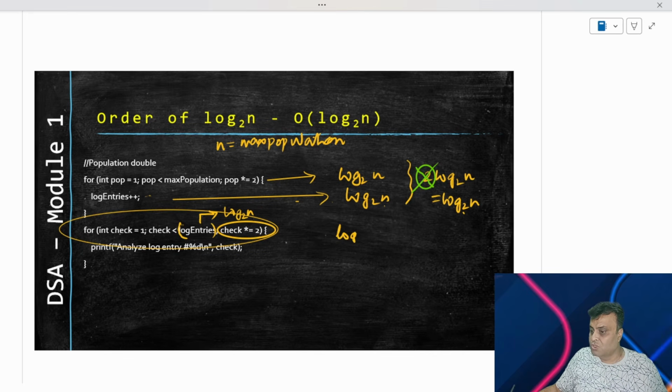So what log base 2? Log base 2 of log entries. So log base 2 of log entries times. But we already know log entries executes itself for log base 2 of n times. This we already know. So can we therefore write log base 2 of log base 2 of n? Right? So of course we can write.